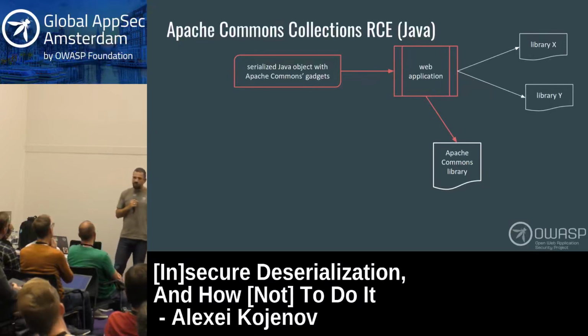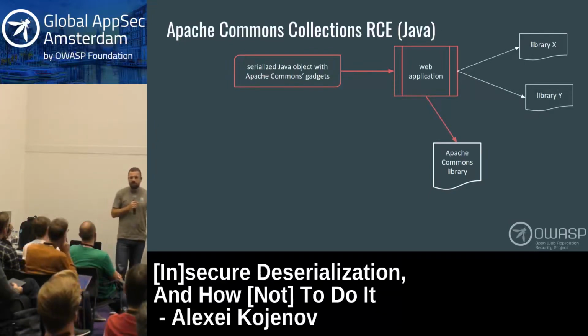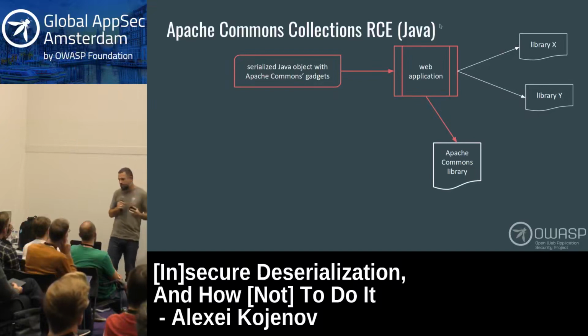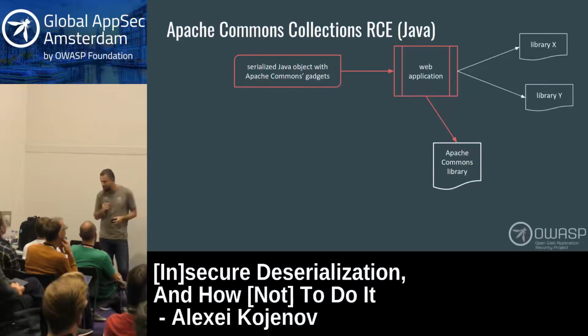What happens is if your application is accepting user input and deserializes it, then a user can supply a certain object that would use so-called Apache Commons gadgets. And the topic is very complicated. You can find presentations on it. They're like 1 hour long each. We're not going to go into all the details.